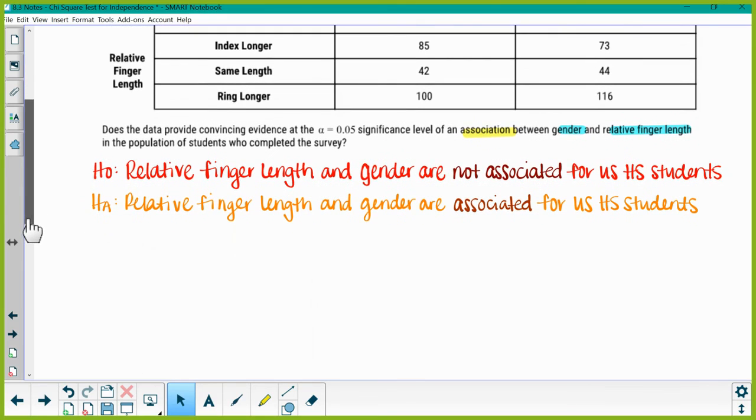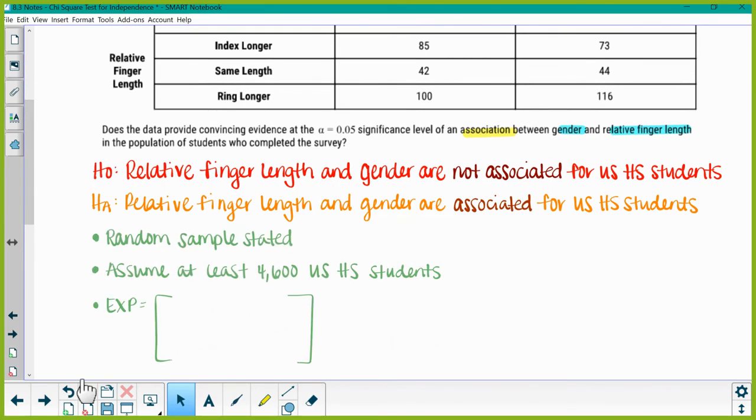Now I'm going to go ahead and write my assumptions. Random sample is stated and assume at least 4,600 US high school students, which is absolutely fair. There are definitely that many in the US. And again, of course, I like to write a matrix for my expected values so that I know I need to come back and fill them in.